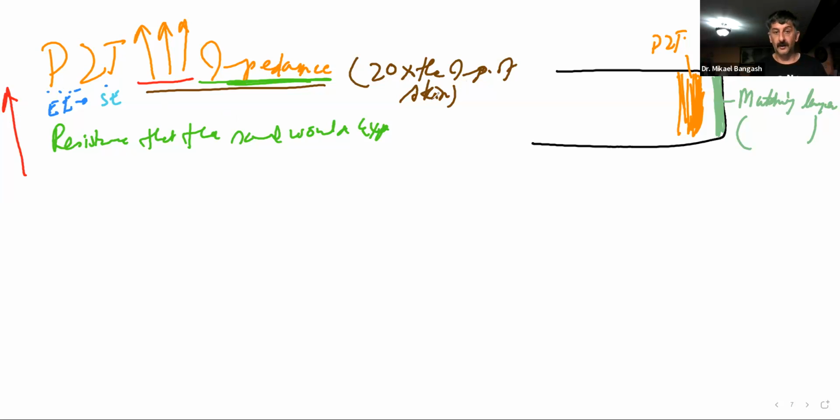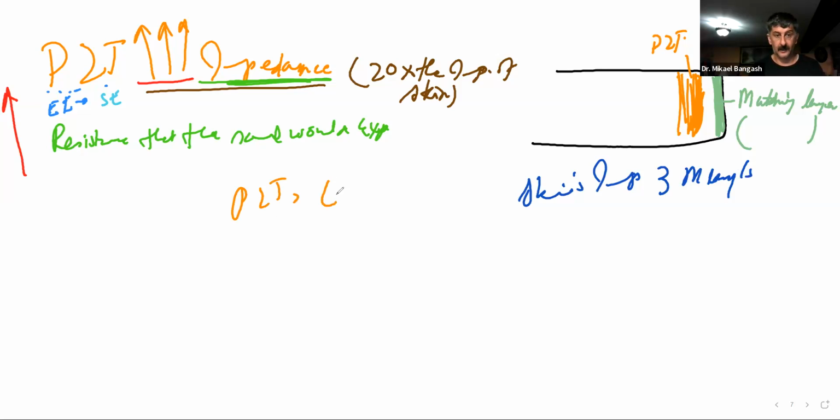So just for example, if your skin's impedance was 3 mega rayls, the impedance of your PZT could be something like 60 mega rayls.